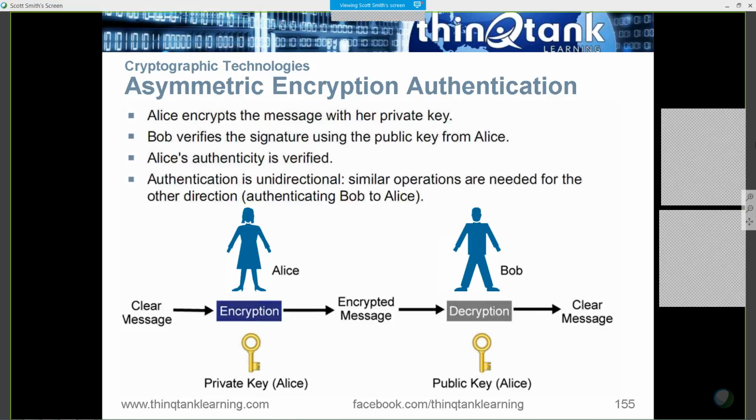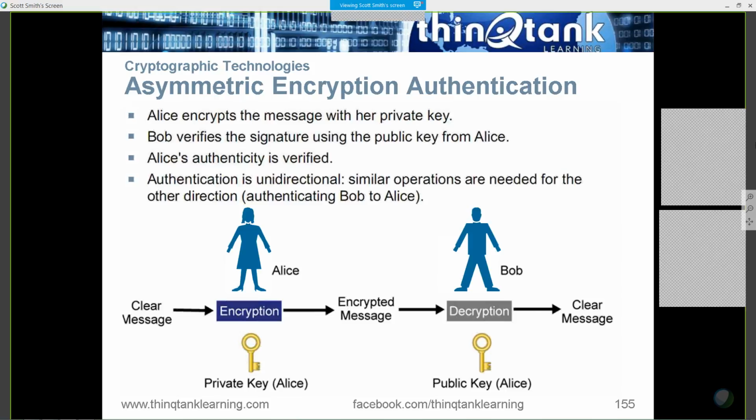This is not used for confidentiality. Why can we not use this for confidentiality? What are we decrypting with? We're decrypting with a public key. Everybody knows the public key. It's published. So anybody can decrypt that message.